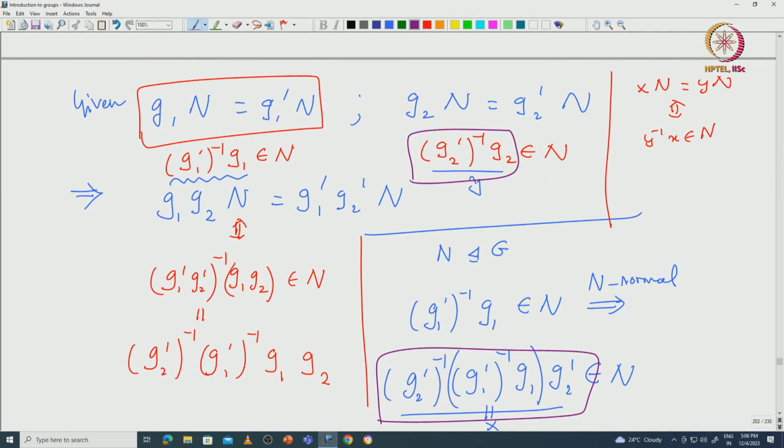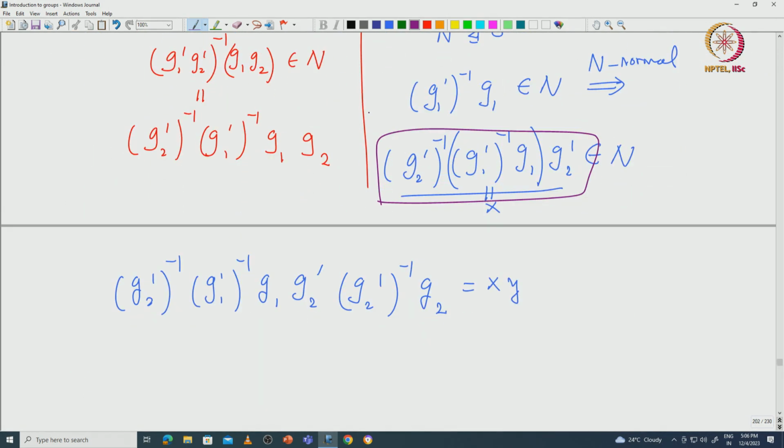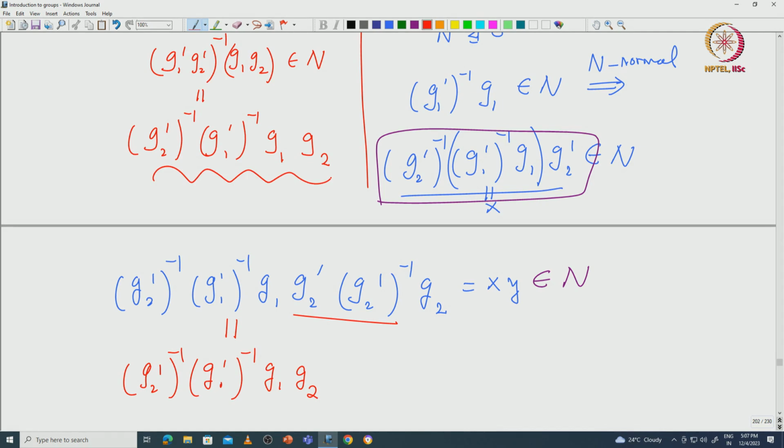This g2' inverse times g2 is already given to be an element in capital N, because the two cosets are the same. So that tells us that this xy is indeed an element of capital N, because x is in N and y is in N. That means the product xy is in N, but it is the same as g2' inverse g1' inverse g1 g2, since these two get cancelled.